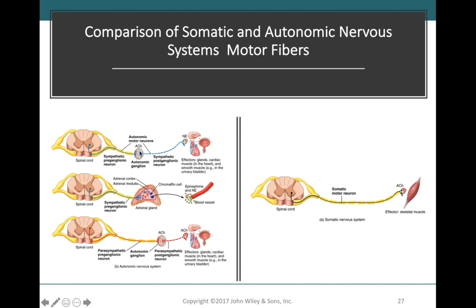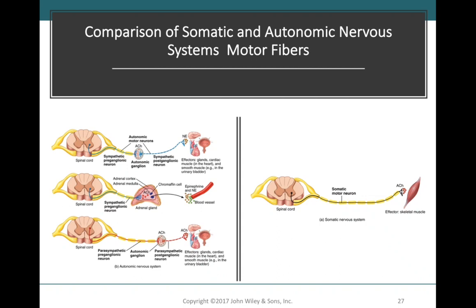So cholinergic receptors are going to be found in the cell membrane of all of our sympathetic postganglionic neurons, our parasympathetic postganglionic neurons, and our parasympathetic effectors.